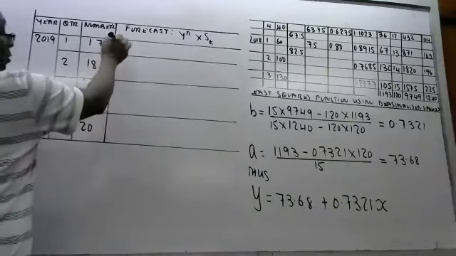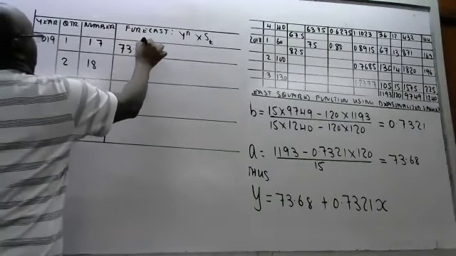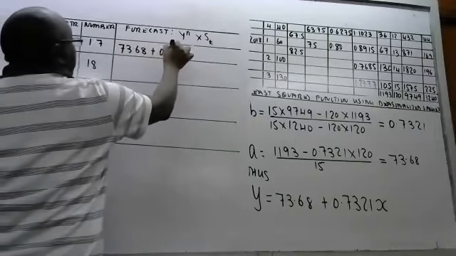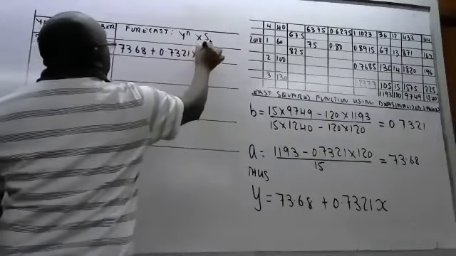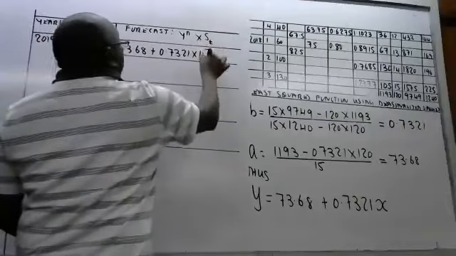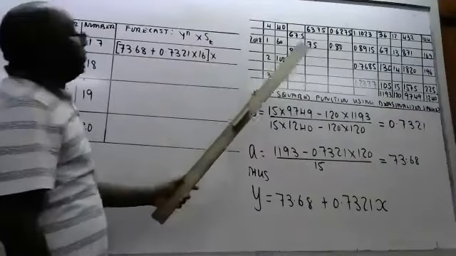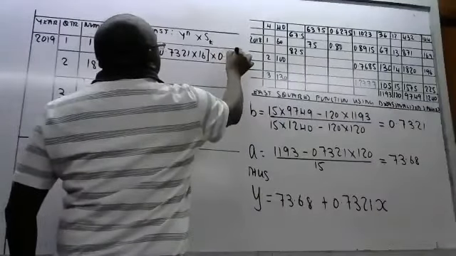So now here you will say 73.68 plus 0.7321 times 16. Now this one you multiply by the seasonal index that we had for the first quarter, which was 0.8915.